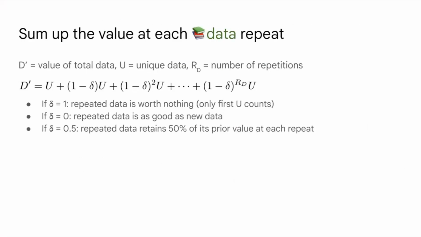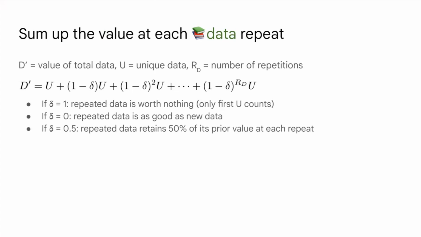And then all we have to do is sum up the value at each repetition. So here we have D prime, which corresponds to the total value of our data, U, which is the unique data, and then R_D, which is the number of times we repeat that unique data.